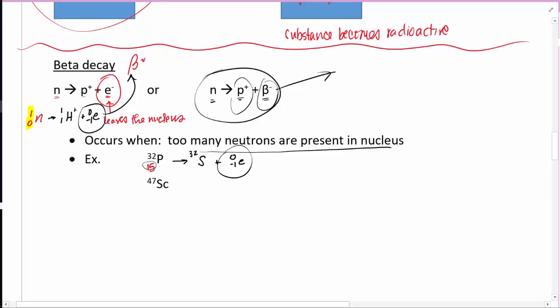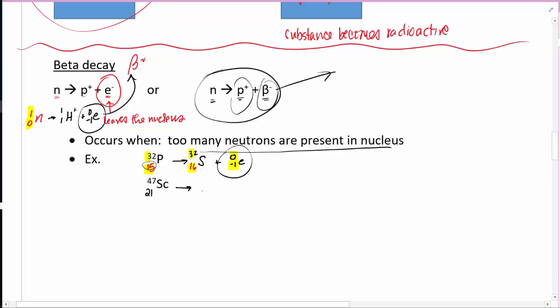But anyway, here's phosphorus. Phosphorus is 15. And so in emitting that, it actually turns into sulfur, which is 16. You might recall from your Chem 1 days, the numbers on the bottom have to equal, as well as the numbers on the top have to equal on each side of the arrow. Another example is scandium, which is atomic number 21.